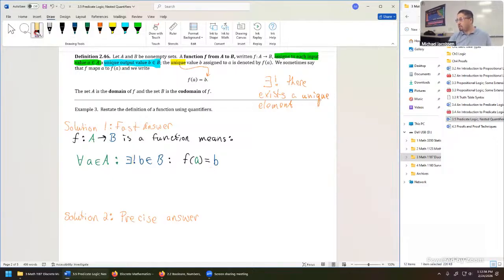Another thing you could do here if you didn't like that symbol, because it is a brand new symbol just kind of chucked at us, you could have gone like this. F of A equals B, and B is unique. I would say that's okay as well if you're doing this kind of problem in this context. Again, it doesn't seem like it's completely capturing the spirit of the question, redefining the definition using quantifiers.